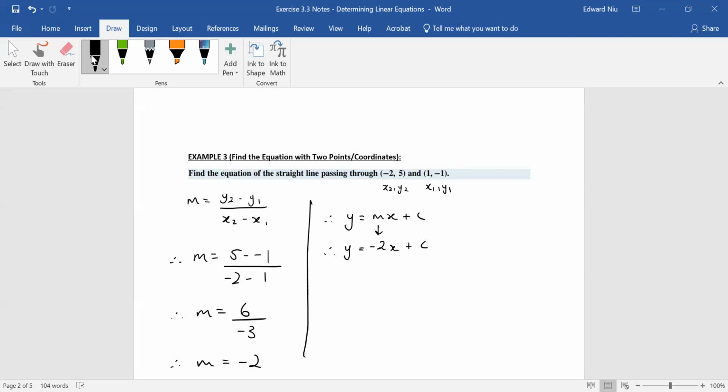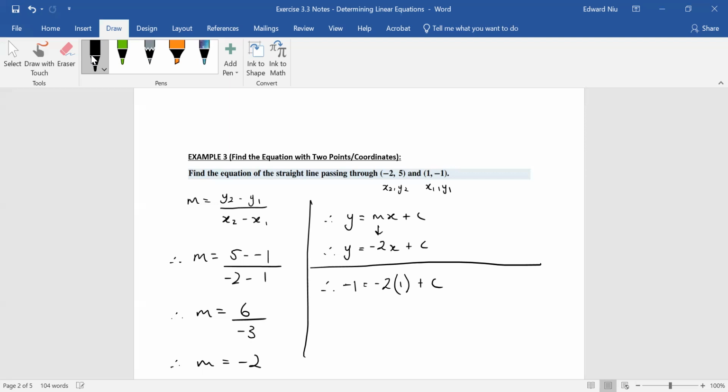Remember, in the y equals mx plus c formula, the y and the x are for substituting coordinates into. So to find c, what we need to do is to plug in, let's say, the 1 and -1 coordinate. You can plug in either, but I'm just going to go 1 and -1. It'll both give us the same answer if I plug in -2 and 5, but 1 and -1 is just a lot easier to do arithmetic with. So y would be -1, because that's our y coordinate, equals -2 times our x value of 1 plus c.